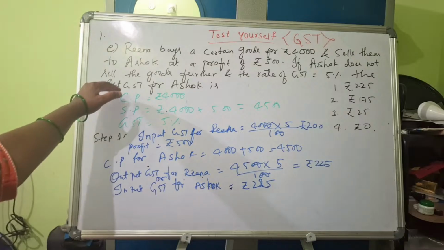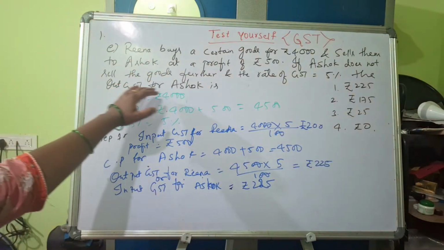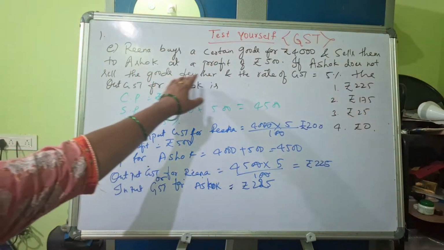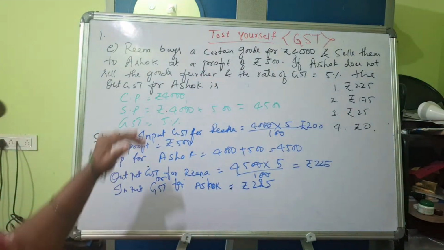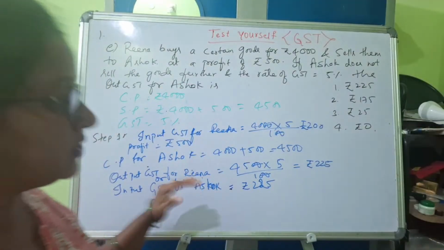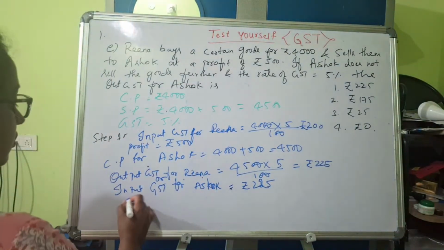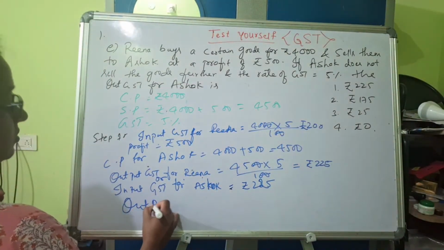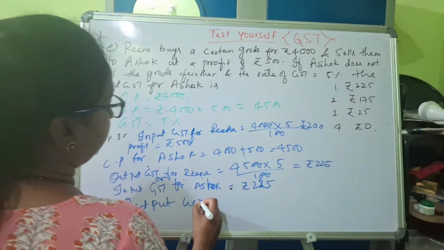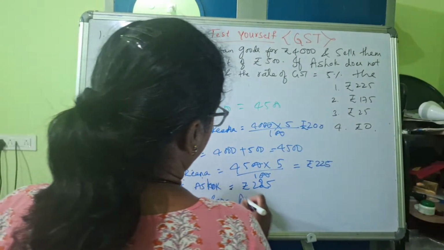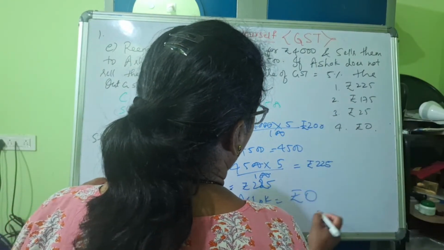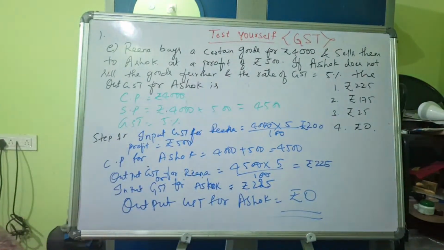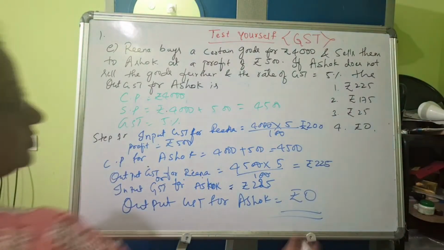See, it's already clear in the question that Ashok does not sell his goods further. He will keep the goods with him. So the output GST for Ashok is rupees 0. Hence the correct option is 4.